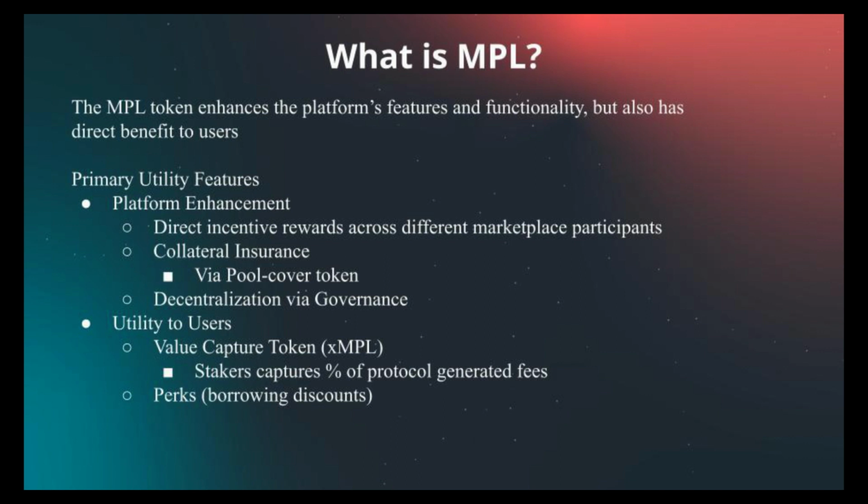But one thing that you've touched on before: Maple wants to work with institutional customers, right? So that they don't go to consumers. Exactly. Because they're lending to institutional borrowers, they're able to underwrite them properly and assess credit risk, right? So it's very similar to a normal due diligence process where borrowers have to submit their financials. Obviously, all of them are KYC, KYB borrowers. That means they're real businesses.